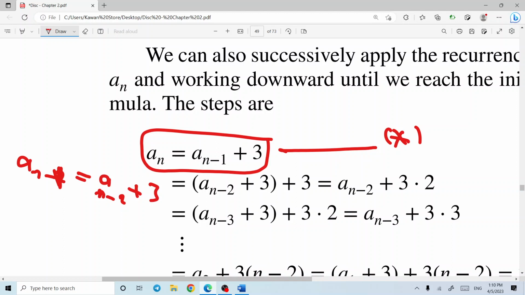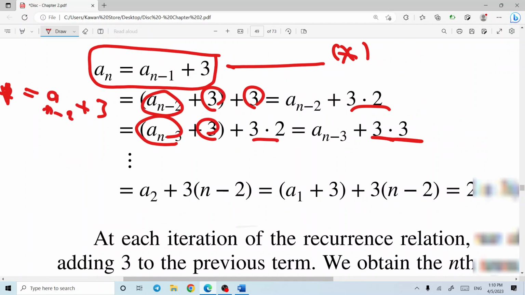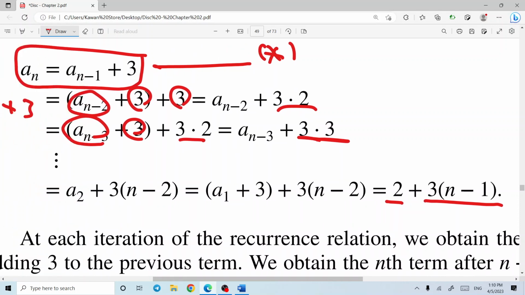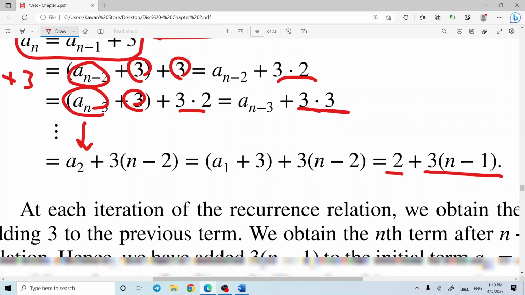Am I right? How about a_2? a_2 equal to a_3 plus 3, written as multiplication. The same, you will get the same. Clear? And like that, then I will get what? I'll get the last one: 2 plus 3n minus 3. Again the same thing. So I'll get the same. Clear, dears?